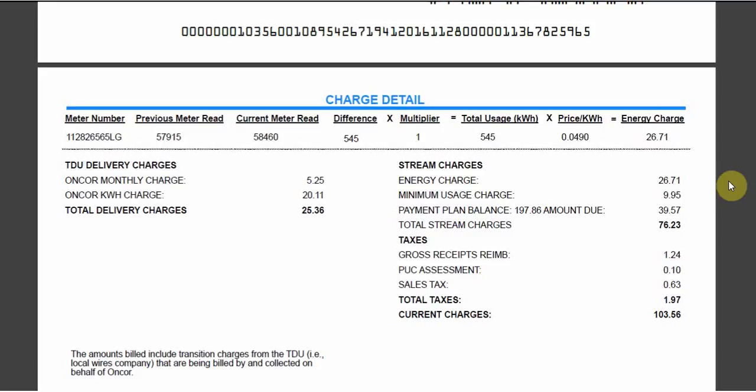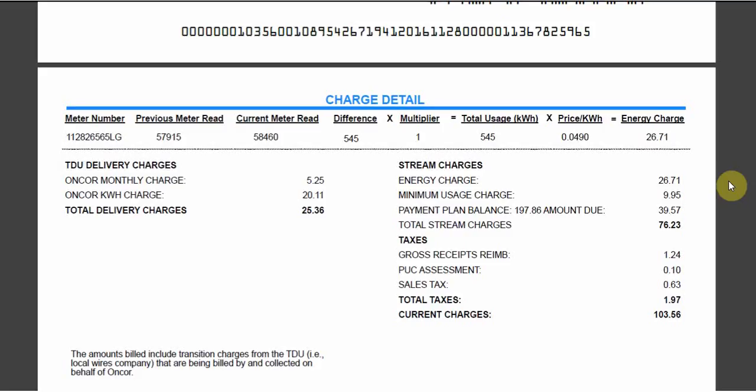I want to start by explaining that there are particular parts to an electric bill that none of us can control, okay? These portions of the bill, you do not have the ability to calculate in advance because everyone is entitled to those charges based on the state that they are in.